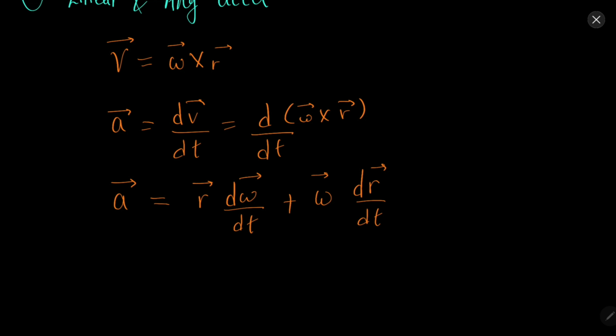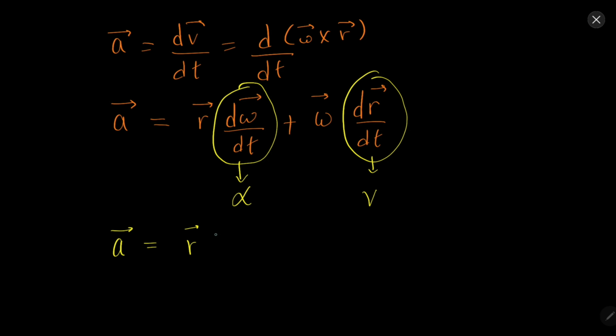So we will get this value. Now if you notice, we know that d omega by dt is the angular acceleration, and dr by dt is the linear velocity. So what we will get ultimately is acceleration is equal to r and then alpha, then omega and velocity.